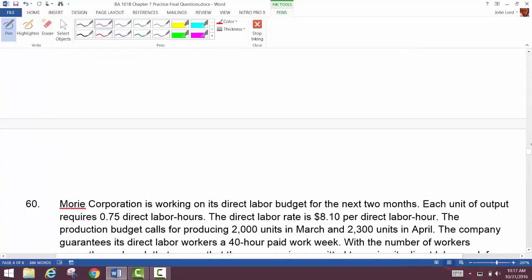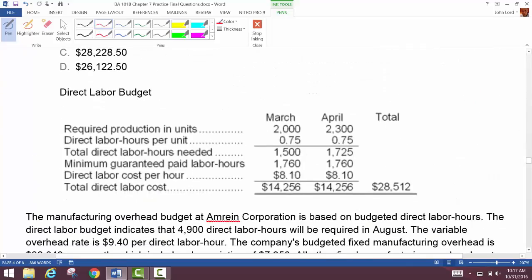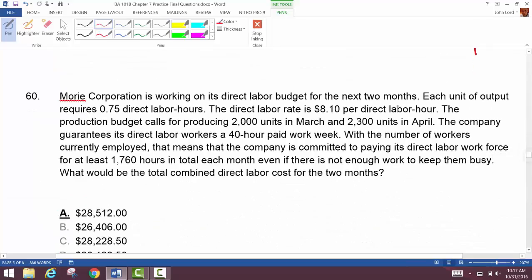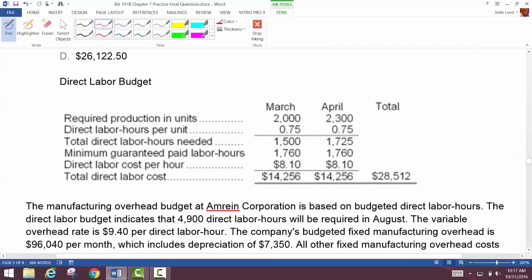I don't think I can touch the screen either and no mouse. So we're going to have fun with this today. The number of units that we're going to produce.